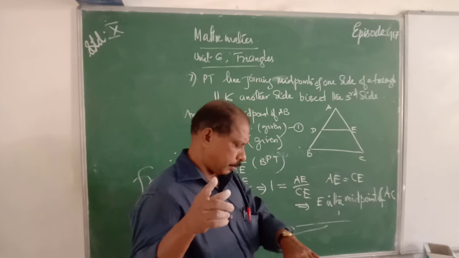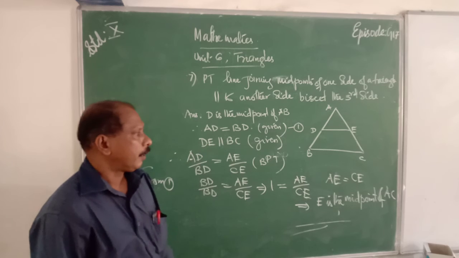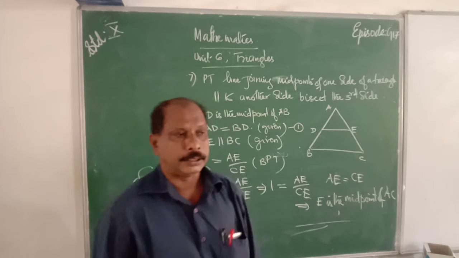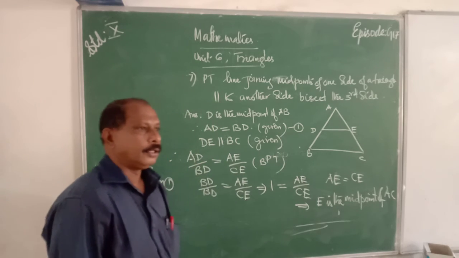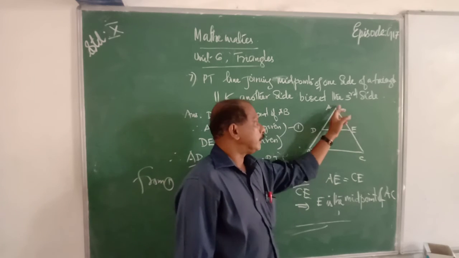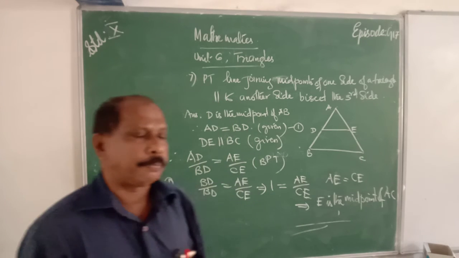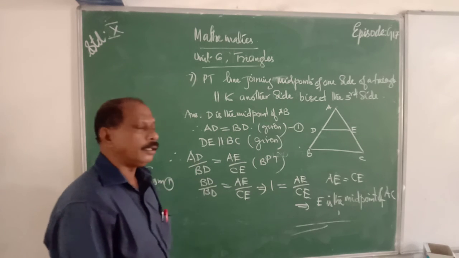Our assumption is AD is equal to BD, and DE parallel to BC is given. Therefore, by the basic proportionality theorem, AD by BD is equal to AE by CE. But AD is replaced by BD.